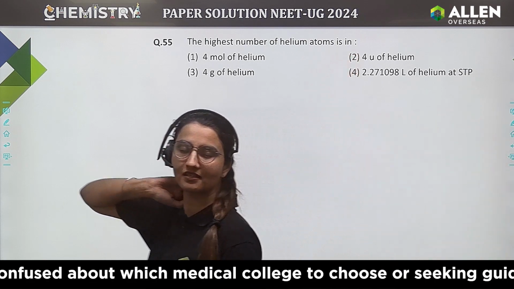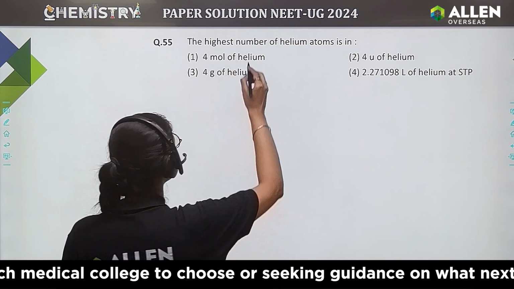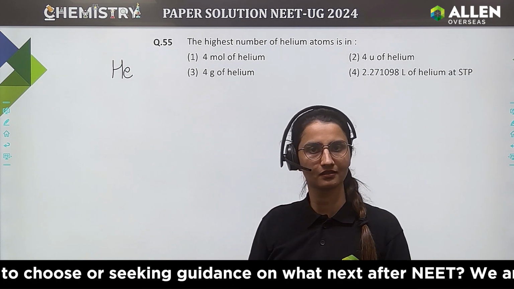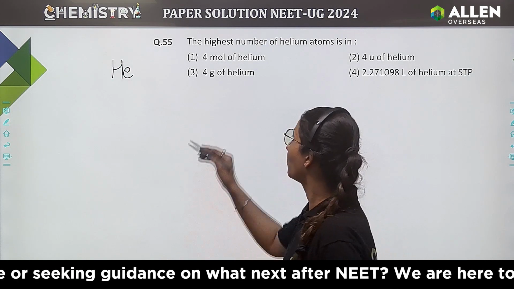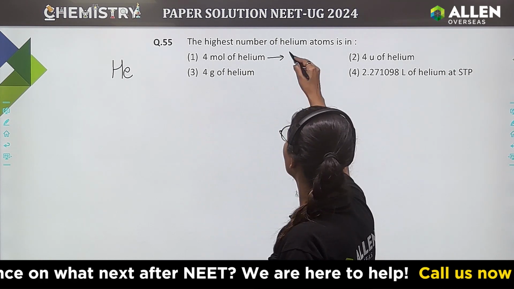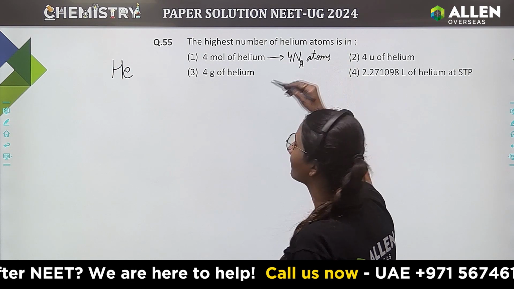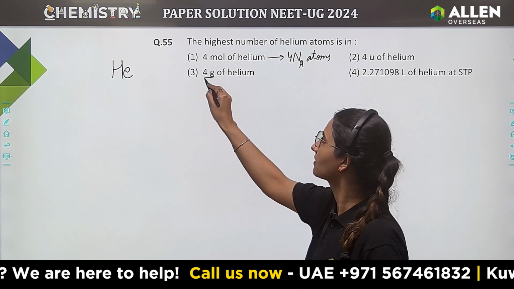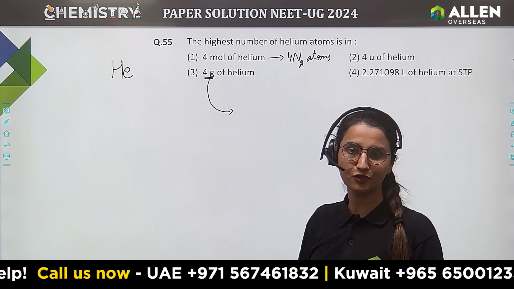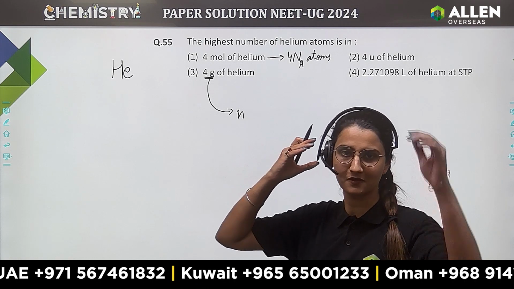So the question is the highest number of helium atoms present in the first. Students, helium we already know, no? Helium is a monoatomic gas. Yes, single atom. 1 mole has Na atoms. So 4 moles will have what? 4 Na atoms. Yes. In the third option, it is given in grams. So students, from grams, you know, no? First I can find moles. This n represents moles.